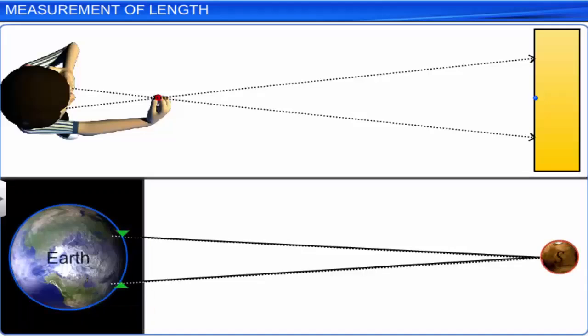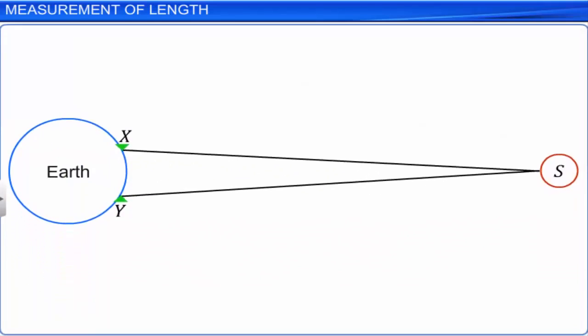Let X and Y be two observatories viewing the planet S from two locations on the Earth. Thus, XS and YS are the lines of sight of the planet from the two observatories respectively. Here, the distance B between X and Y is the basis, which is known.